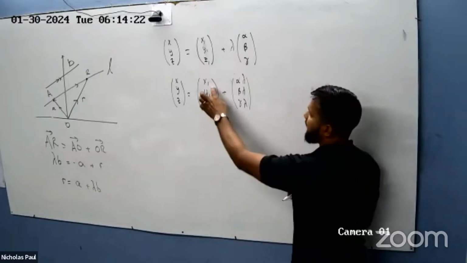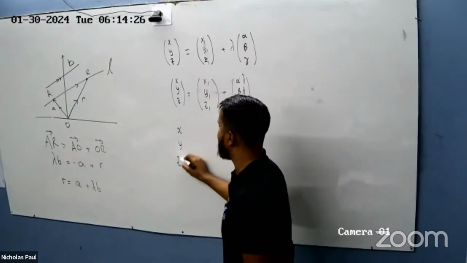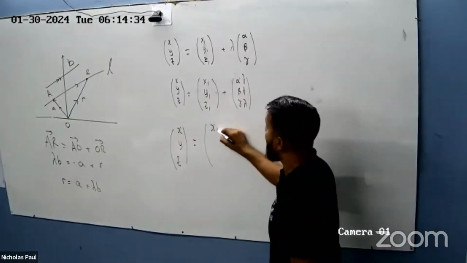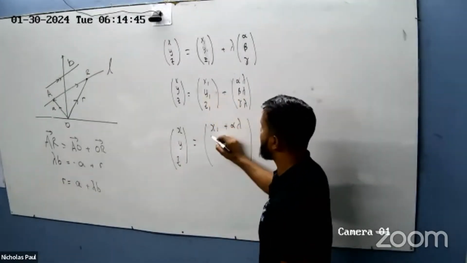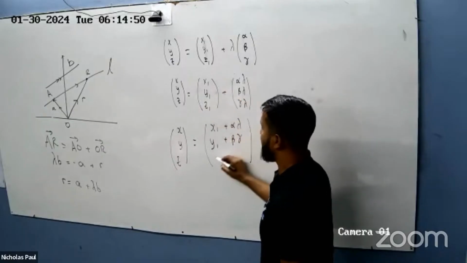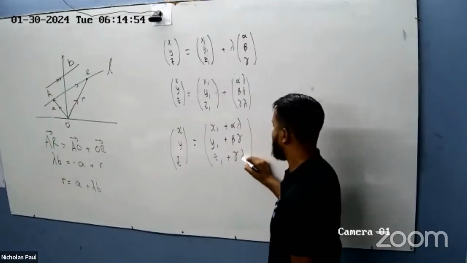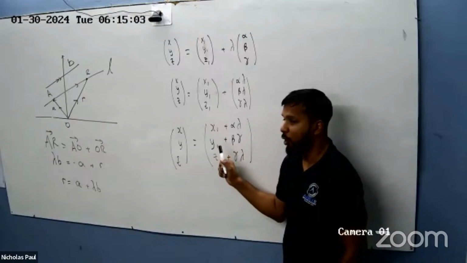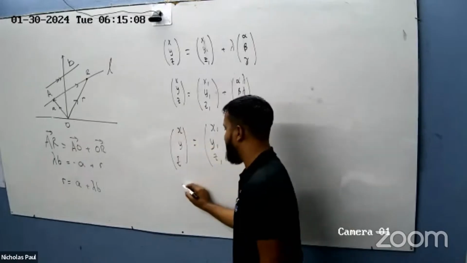And then we're going to add everything up. So you'll get X, Y, Z is equal to X1 plus alpha lambda, Y1 plus beta lambda, and Z1 plus gamma lambda. This is your parametric form: X in terms of lambda, Y in terms of lambda, Z in terms of lambda.